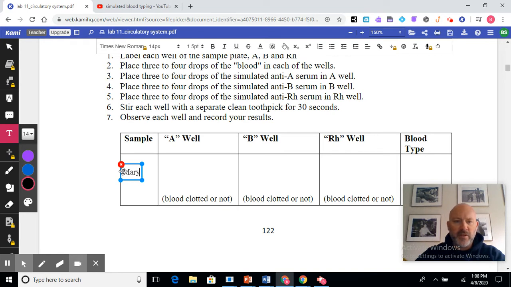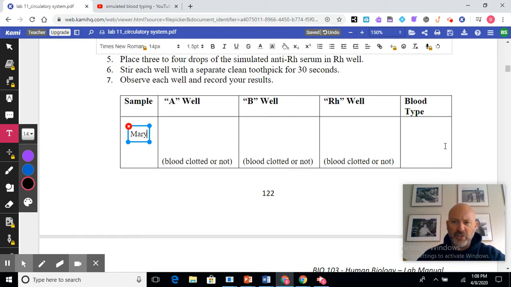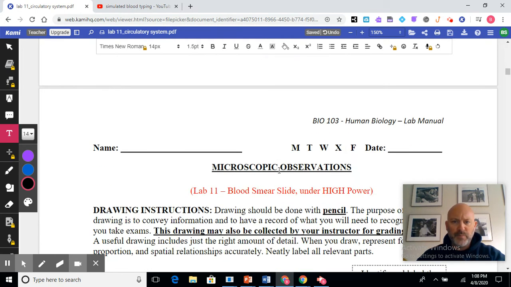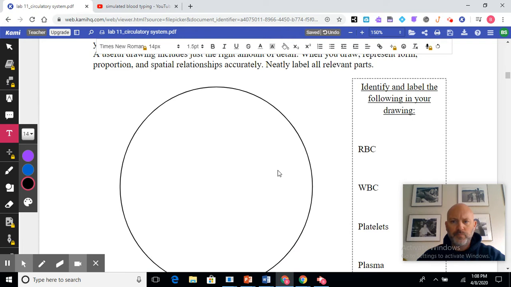So put Mary in there and then watch the video, and then you can fill out if her blood agglutinates, then you're going to say yes, it clotted, or if it doesn't, then you're going to say no. And then you're going to do the rest. You'll see in the video, she's going to do the same exact thing, and you shouldn't have any problem with that. So let's keep going.